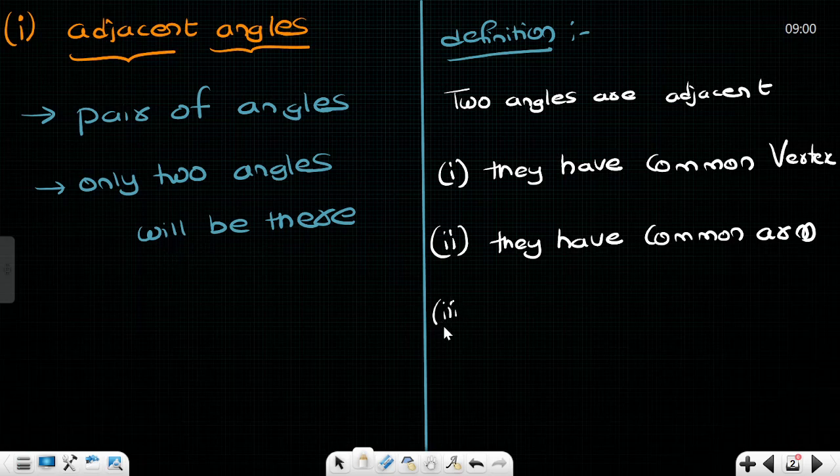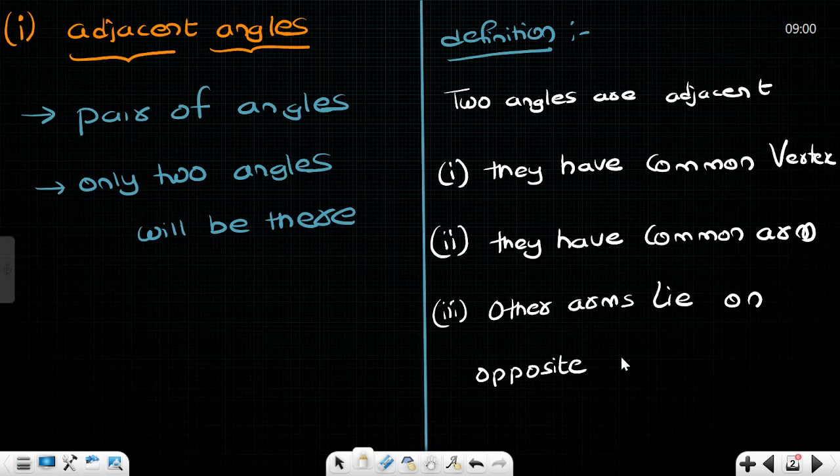Third point, other arms lie on opposite sides of the common arm. Two angles are adjacent if they have a common vertex, they have a common arm, and other arms lie on opposite sides of the common arm. This is the definition of adjacent angles.